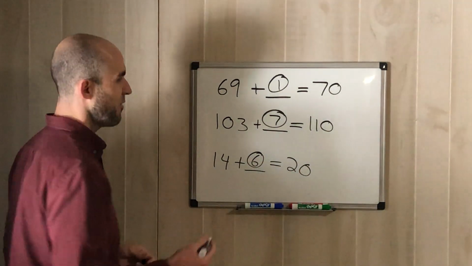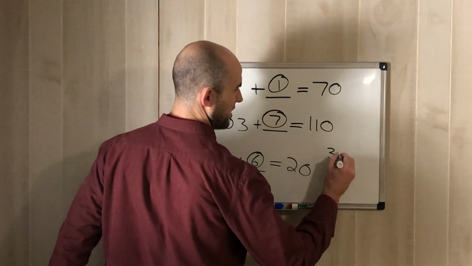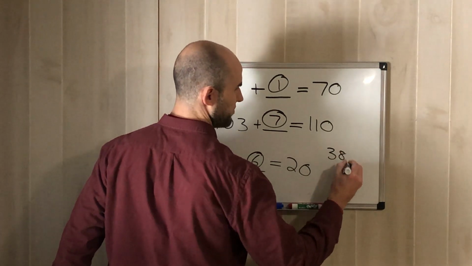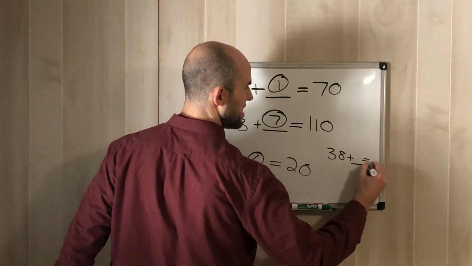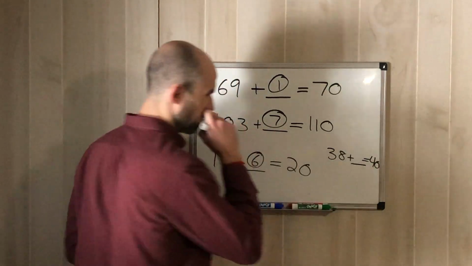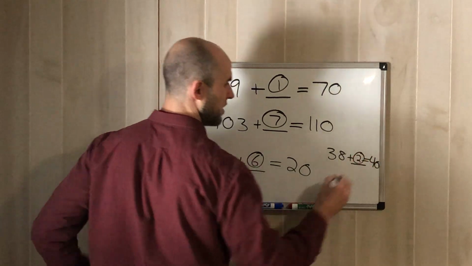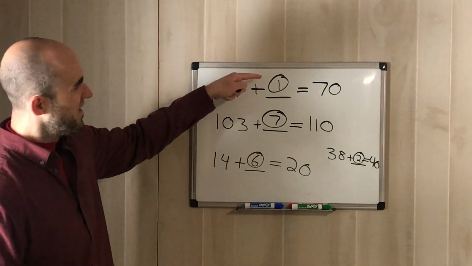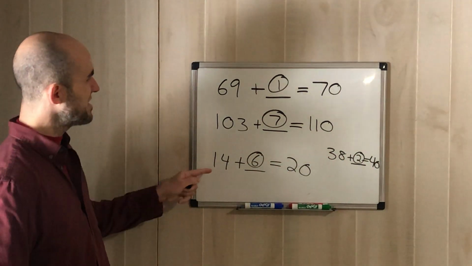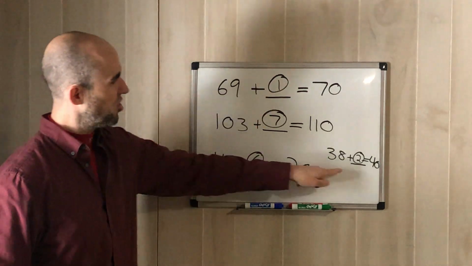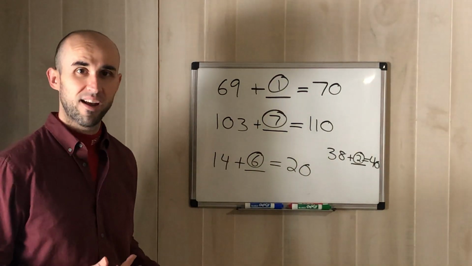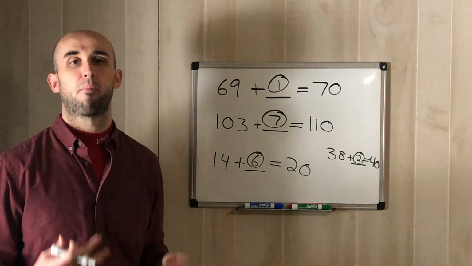Always remember that. If we had one that was, let's say, 38. 38 plus what gives us 40, right? Because after 30 comes 40. And that would be 2, because 38 plus 2 gives us 40. So remember, whenever we have the sums, these here that are circled, those would be our check digits, right? And those numbers would be there to show us that the barcode is correct.